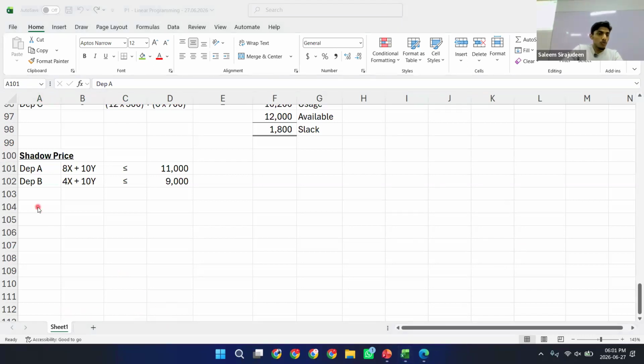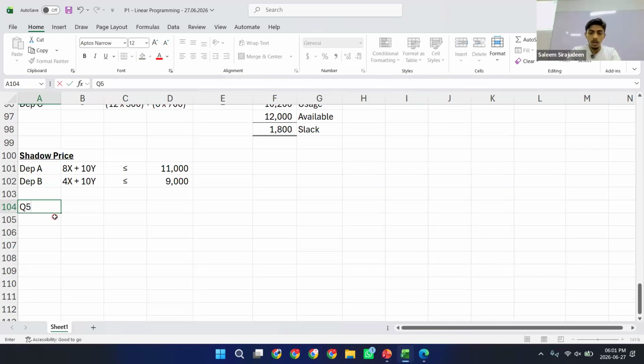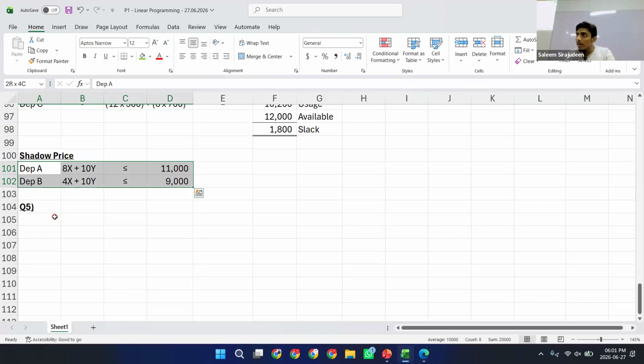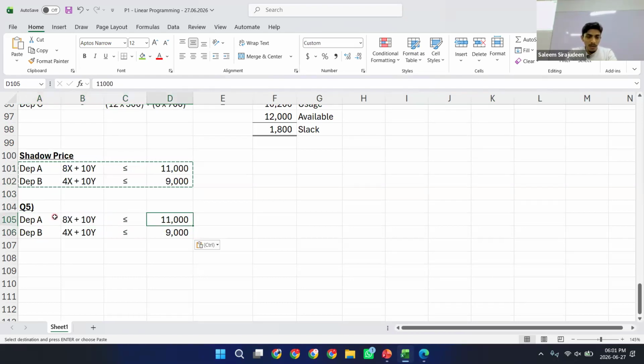This is for question number 5. Now, we have to calculate the contribution if you have one extra hour of Department A, which means Department A will be available for 11,001 hours.